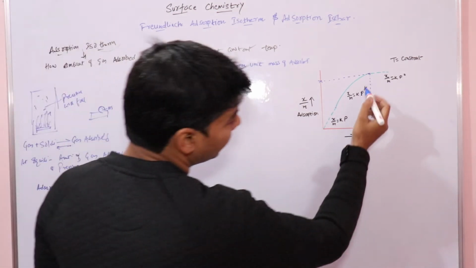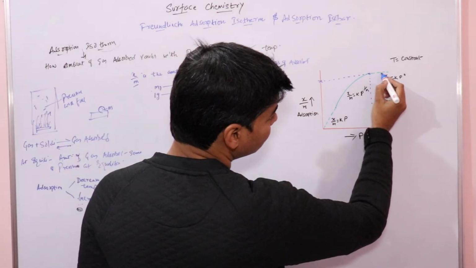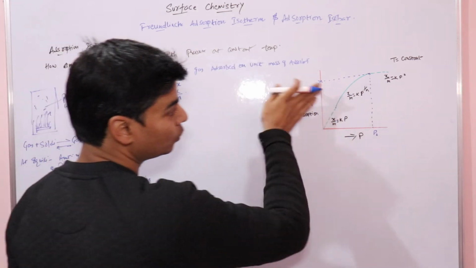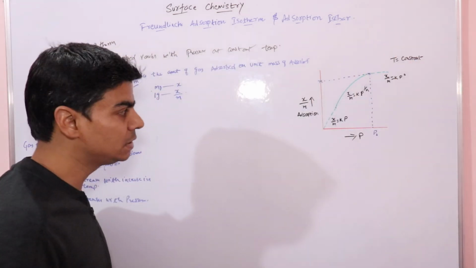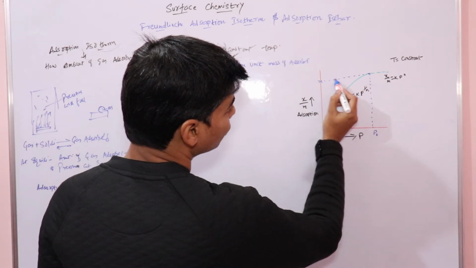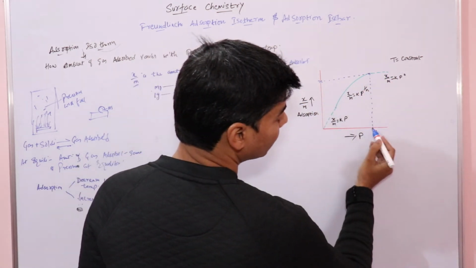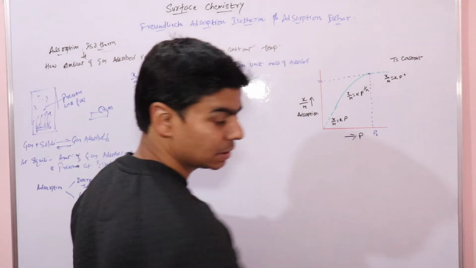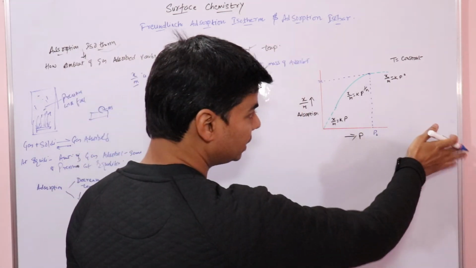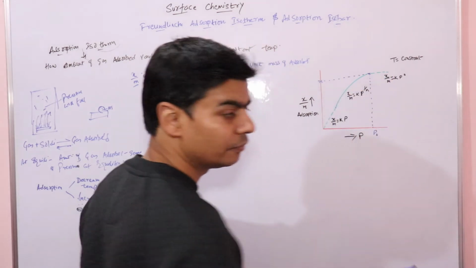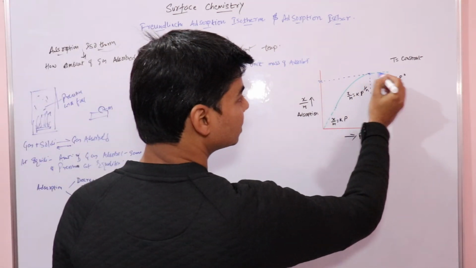After this we are getting a straight line, which means that the amount of gas adsorbed is not increasing. No matter how much you increase the pressure, the amount of gas adsorbed will remain the same at this point.